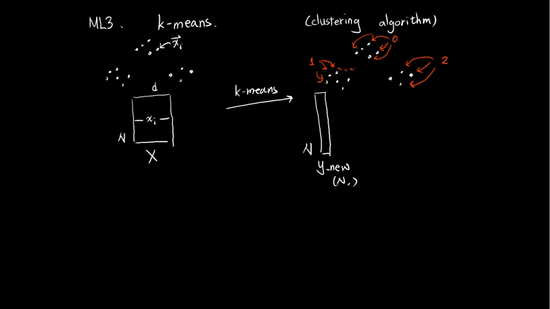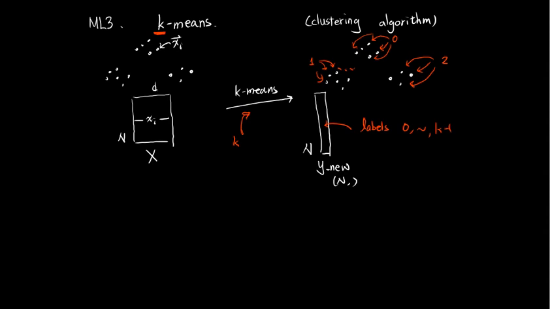Okay, and what is in this y_new? There are labels, and particularly there are labels from 0 to k minus 1, and this k is this k. So when you run this k-means algorithm, you have to supply one parameter, which is k.